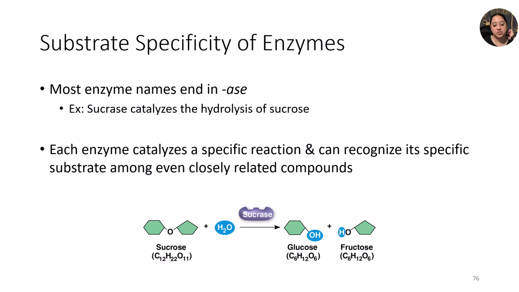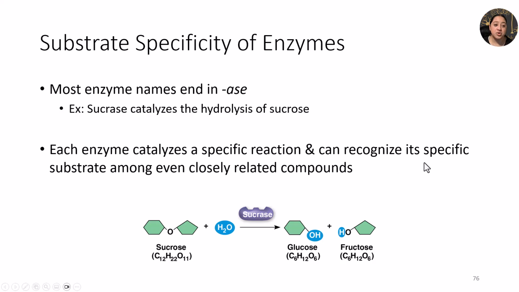And so you'll see throughout your bio career that most enzyme names end in ACE. Just like how a lot of sugars end in OSE, a lot of enzyme names end in ACE. So in this case, sucrase is the enzyme that hydrolyzes sucrose into glucose and fructose.